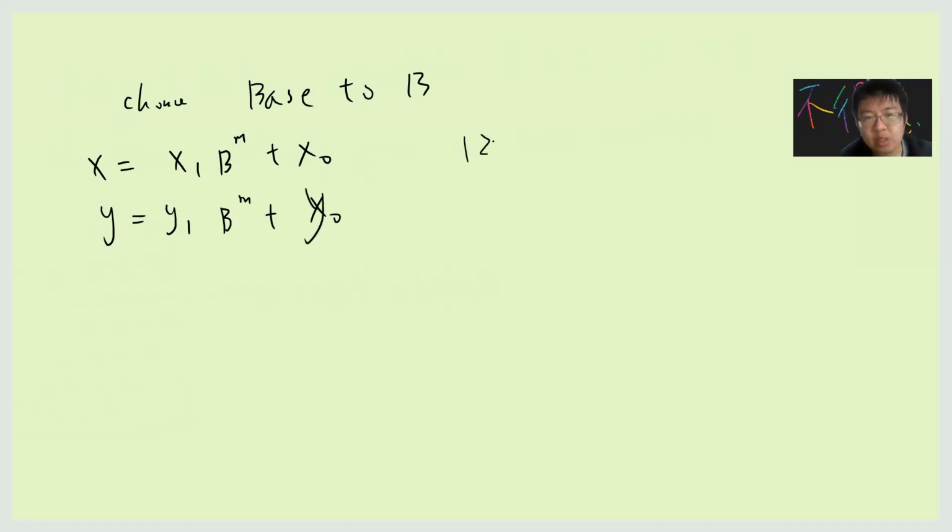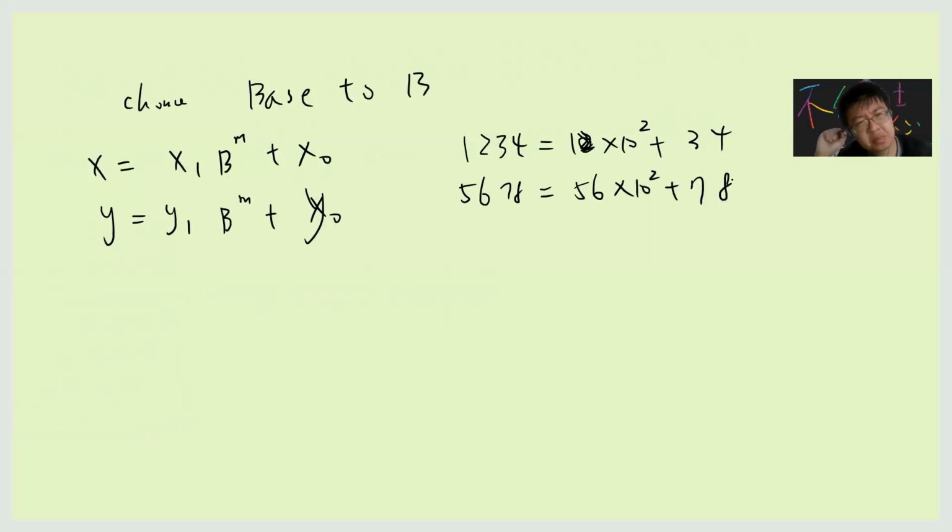For example, I can write 1234 as 12 times 10 squared plus 34, and 5678 as 56 times 10 squared plus 78. In this case m is 2 and b is 10, and n is 4. Without loss of generality, I can set n to be a power of 2.